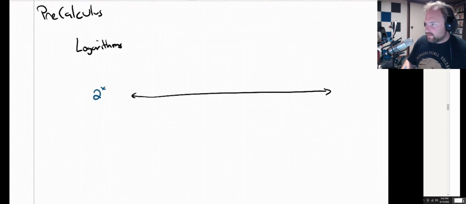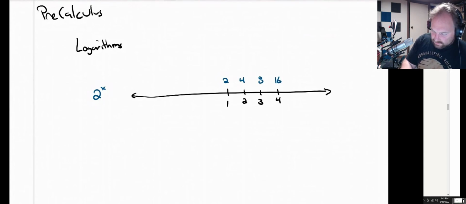The starting point, 2 to the first power, is just 2. If you multiply 2 by itself twice, you get 4. 2 times 2 times 2 gives you 8. 2 times 2 times 2 times 2 gives you 16, and so on.